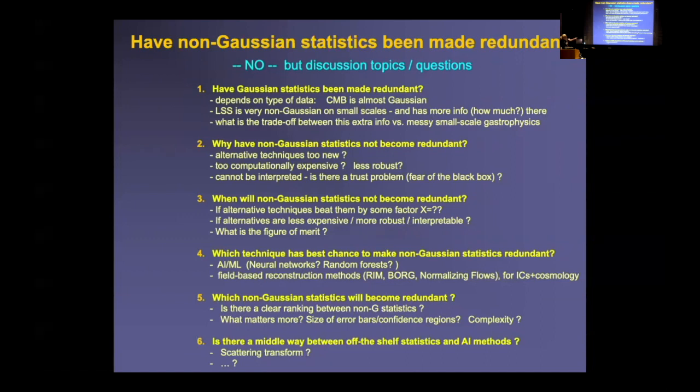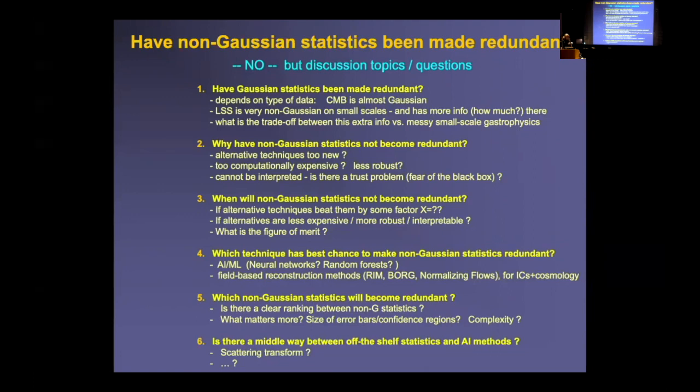So there's six questions here. The first one is, well, first of all, have the Gaussian statistics become redundant? At least if you want to do cosmological parameter estimation, I assume it depends on the type of data.